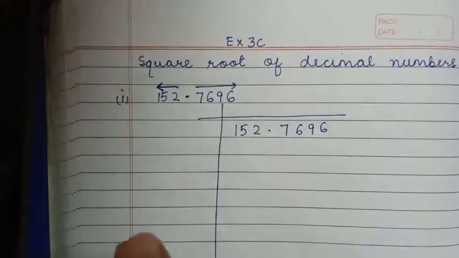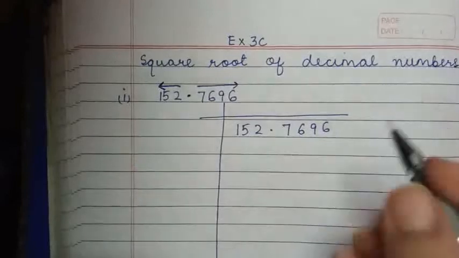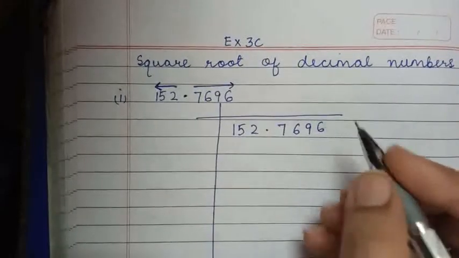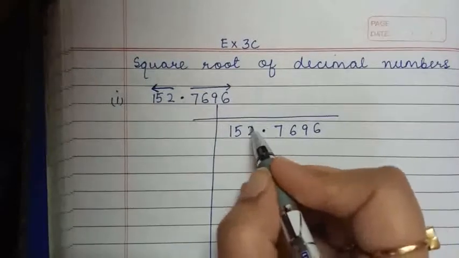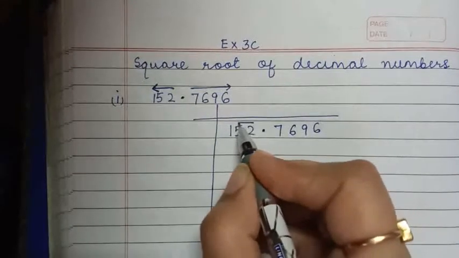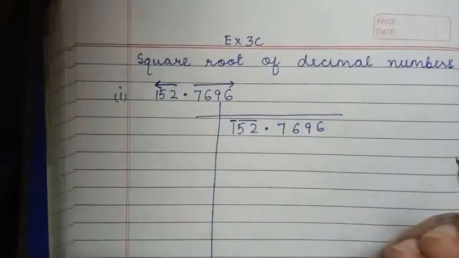Try to understand it. Listen to me very carefully. We have to form the pairs. Before the decimal, we will make the pair from the right side, so 52 forms a pair and 1 is all alone.